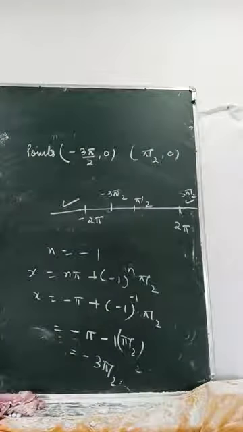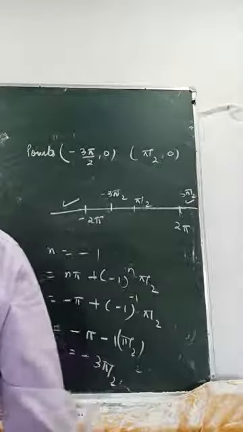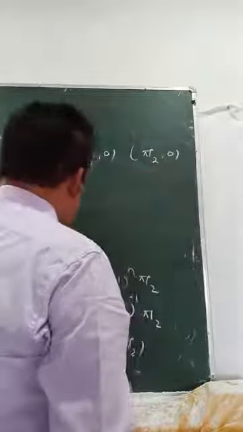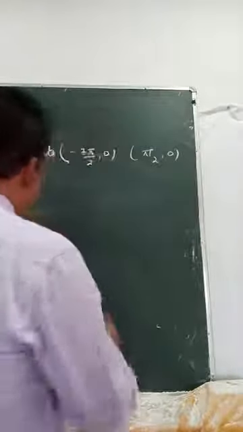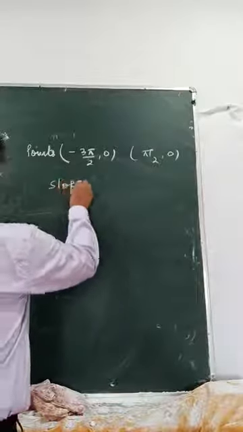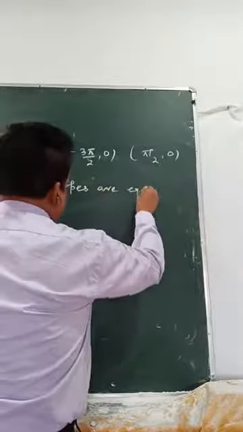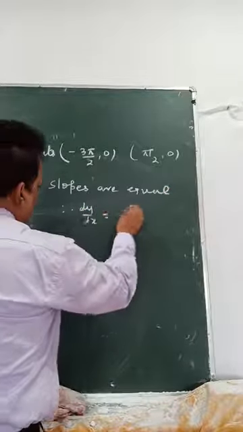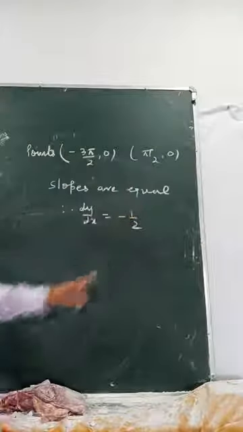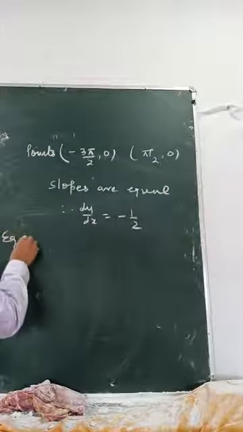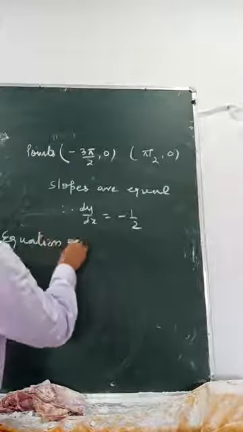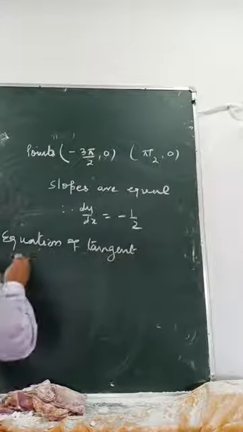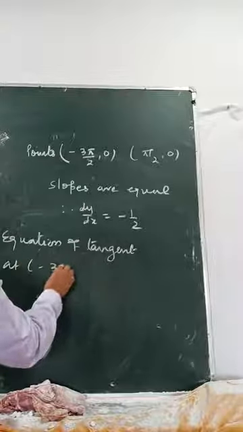Then comes what is the equation of the tangent. Before that, I have already told you slopes are equal. That means dy by dx equals minus half, which is already given to you. So equation of tangent at minus 3 pi by 2, 0.